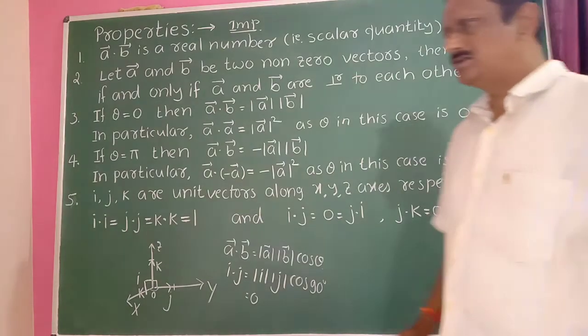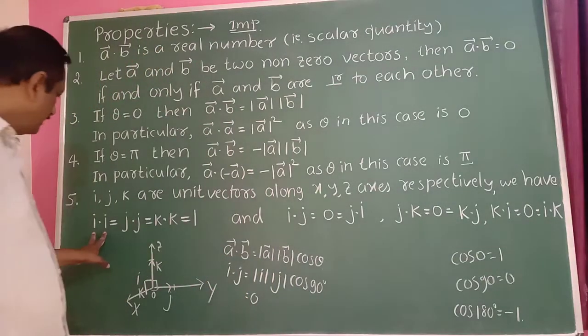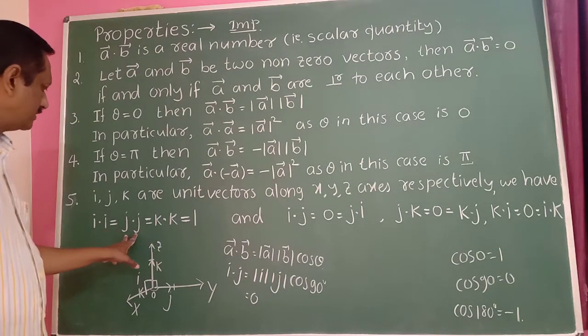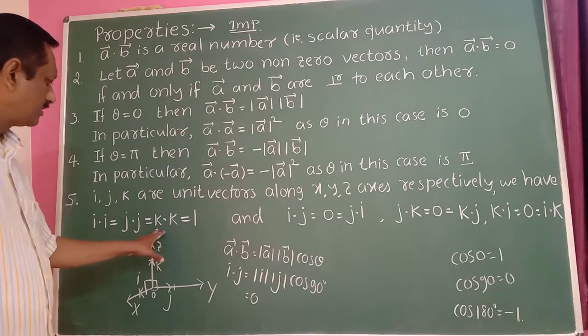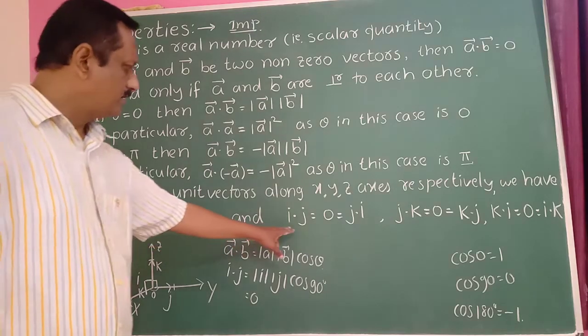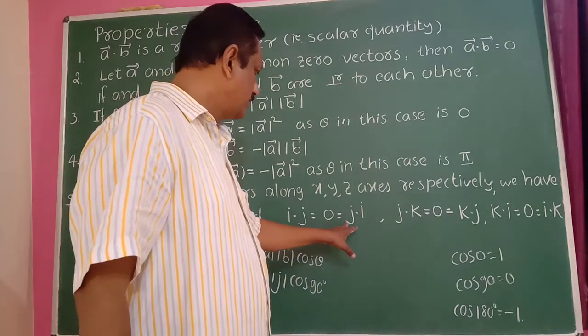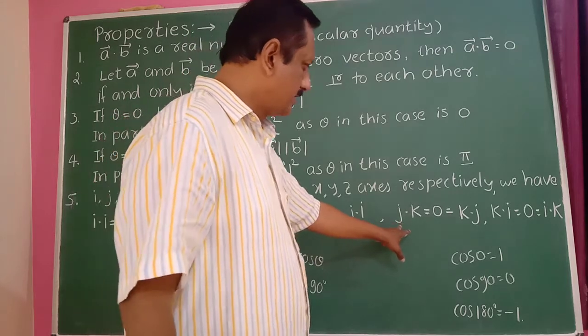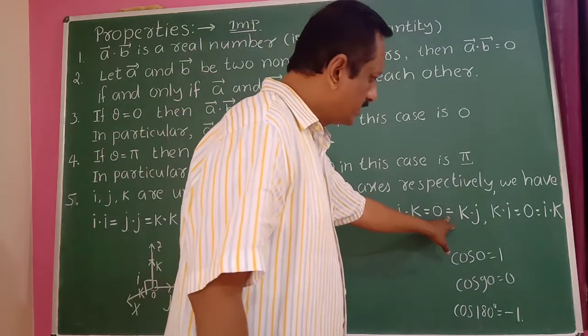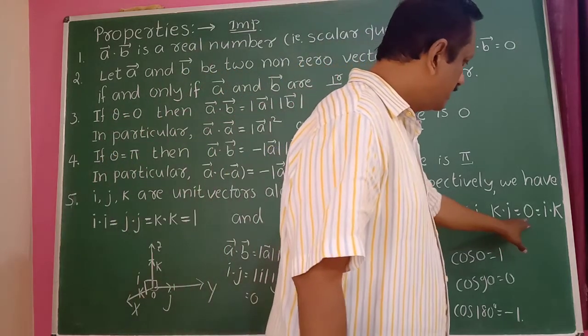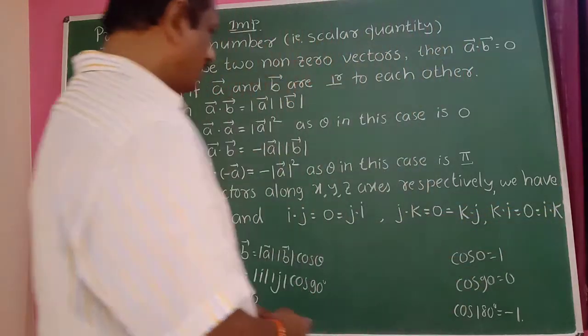These are very important results. Hence i dot i is equal to 1, j dot j is equal to 1, k dot k is equal to 1. i dot j is equal to 0 is equal to j dot i. j dot k is equal to 0 is equal to k dot j. k dot i is equal to 0 is equal to i dot k.